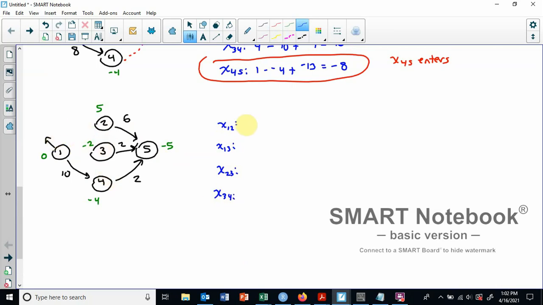So let's see, what are the costs on these? 1 to 2 had a cost of 3. 1 to 3 had a cost of 3. 2 to 3 had a cost of 2. And 3 to 4 had a cost of 4. So I need to subtract off the dual tail values, add the dual head values, and see what's attractive.